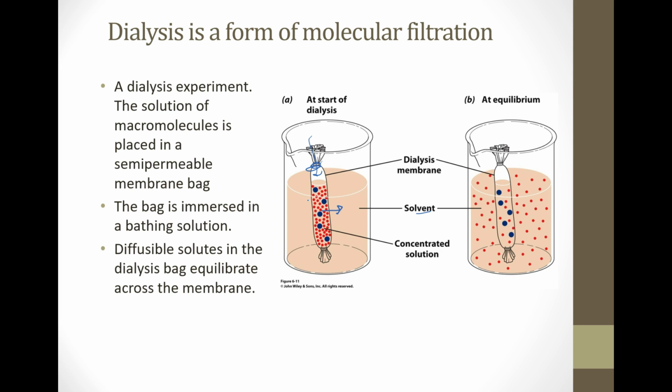What you see in B is your outcome. If you have a membrane which has small enough pores, only the small solutes can make it out, and it retains all of the larger ones. So this is a really nice way to get rid of small contaminants, small molecular weight contaminants, and hold on to a purified protein. It's really common if you're salting out a protein to have a bunch of these large proteins, but then you also have a bunch of salt.